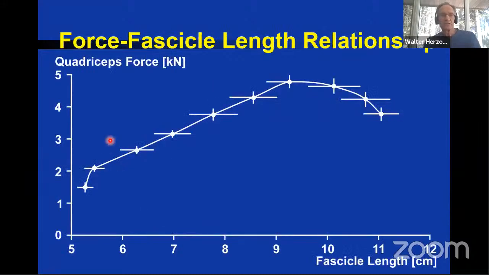And so here we then got from these 15 people the following quadriceps force as a function of fascicle length relationship. And of course, we have here error bars because the torque produced and the force produced and the fascicle length was not the same for all of them. So this represents a standard deviation there.